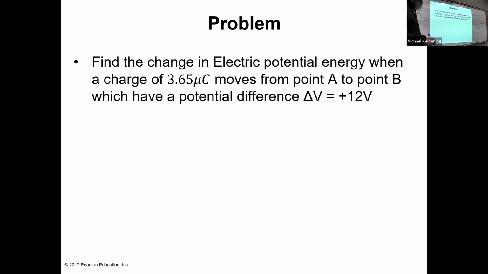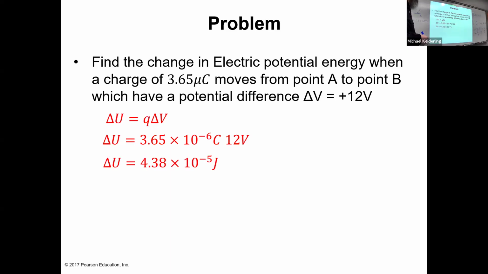So remember, electric potential is change in potential energy over charge, which means delta V times charge is delta U. So delta U is going to be charge times delta V. So that's 3.65 times 10 to the minus 6 coulombs times 12 volts, which is 4.38 times 10 to the minus 5 joules.